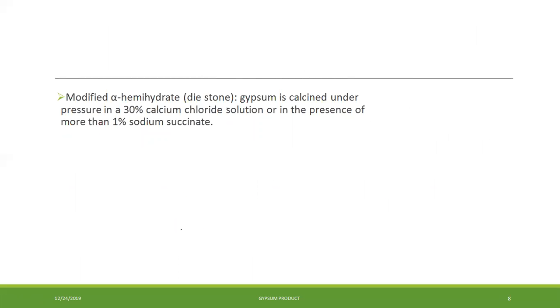Right. So modified alpha hemihydrate, that is diastone. Gypsum is calcinated under pressure in 30% calcium chloride solution, or in the presence of more than 1% sodium succinate, to form diastone, right?